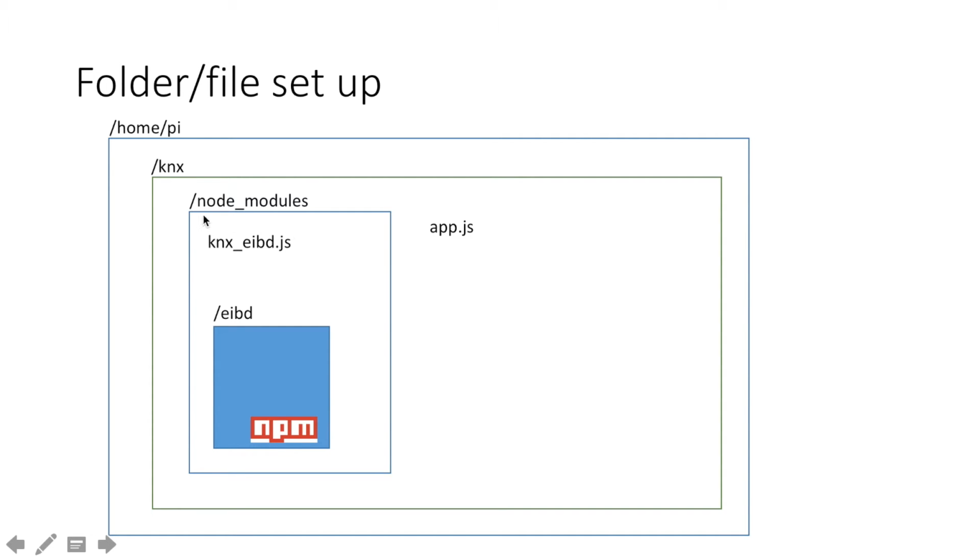And then in the KNX folder, we're going to have another folder called Node Modules, which is going to be created for us, and that's going to house the EIBD module, which we'll have downloaded from npm, and also our initializing file KNX_EIBD, which is available on my Git.